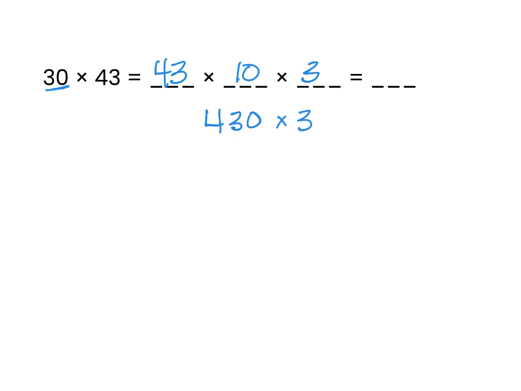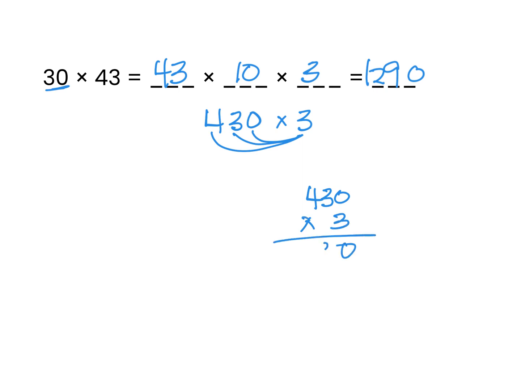So this one we can do, 0 times 3 is 0, 3 times 3 is 9, and 4 times 3 is 12. So we turned our problem, rather than a double digit by double digit, into a problem that is something very familiar to us and that we've been doing.